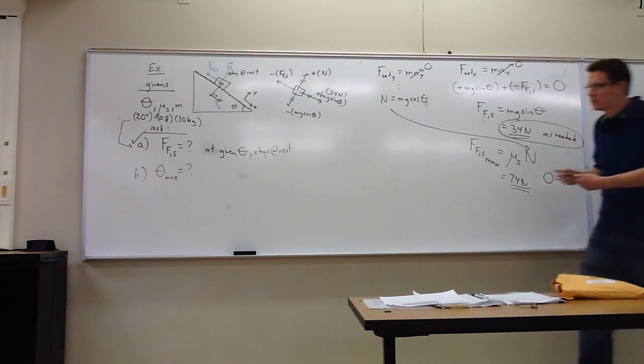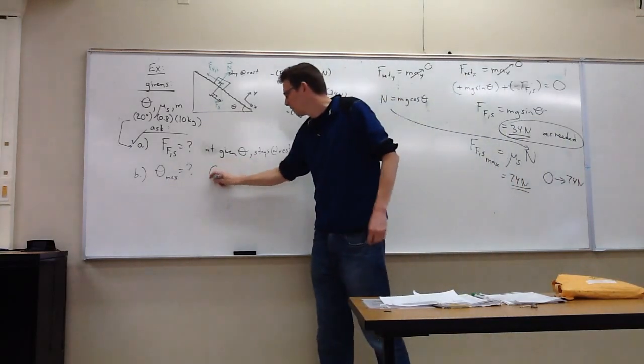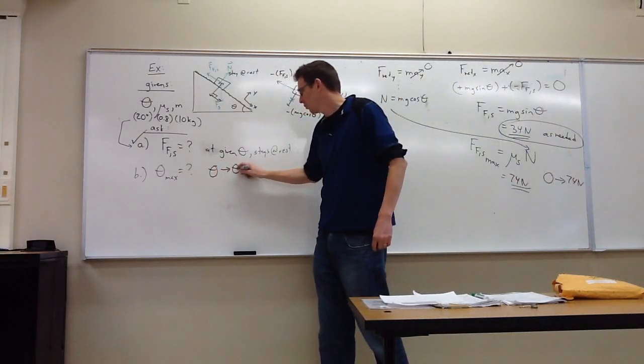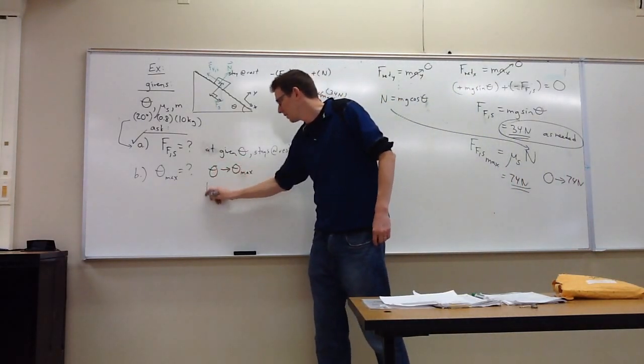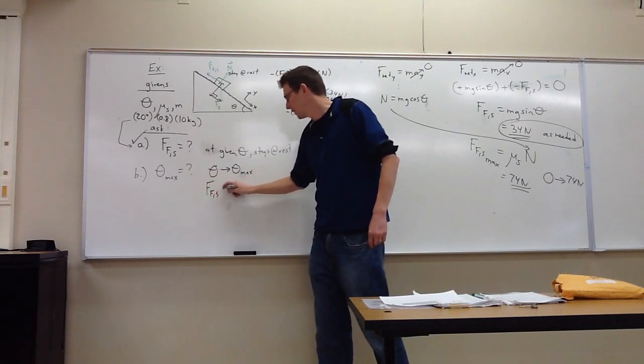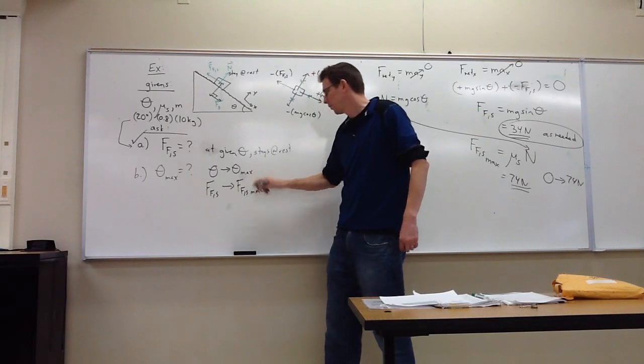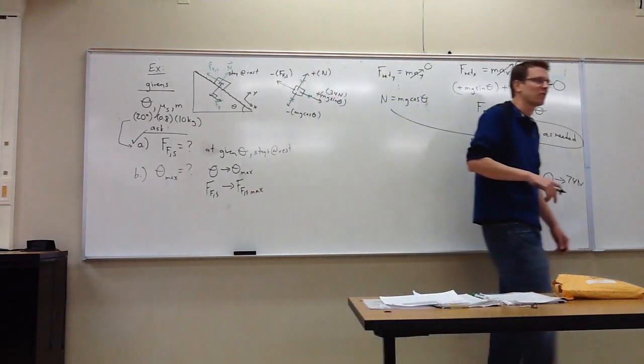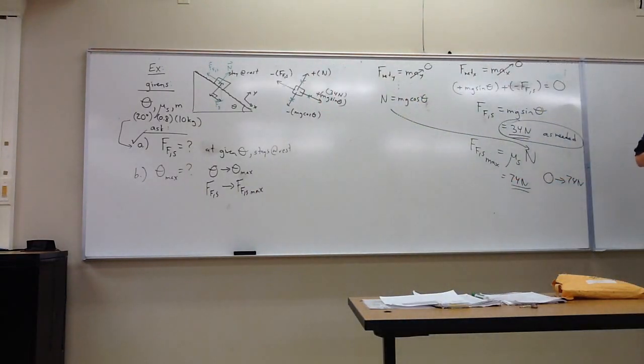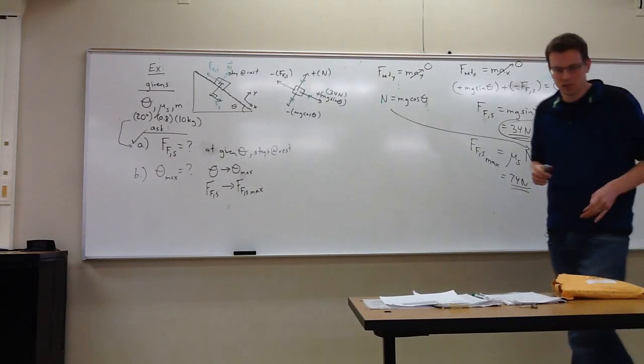So that's the strategy in part B. The whole definition of theta going to theta max is that the force of friction will finally grow to its maximum value to stop the thing from sliding. So I'll complete that on Friday.